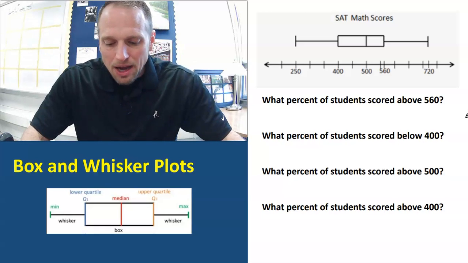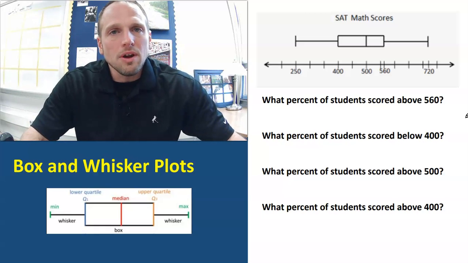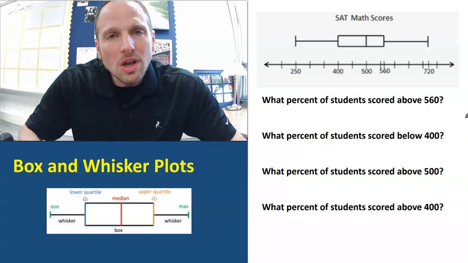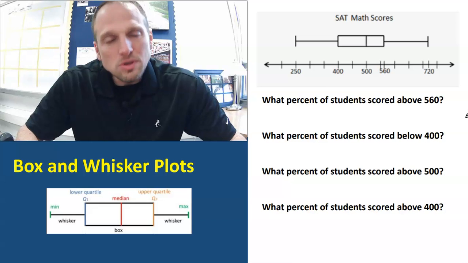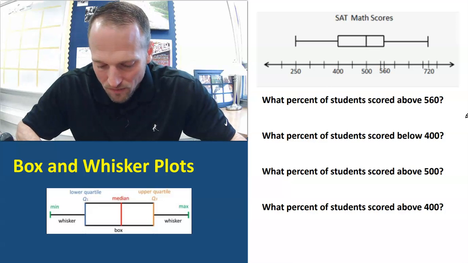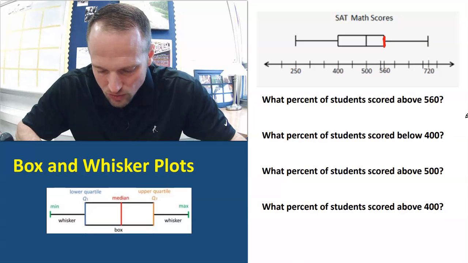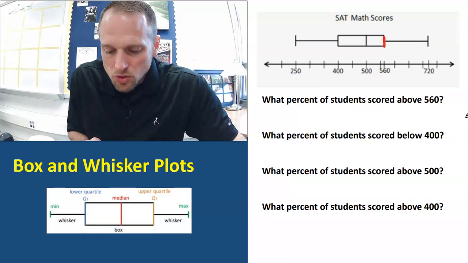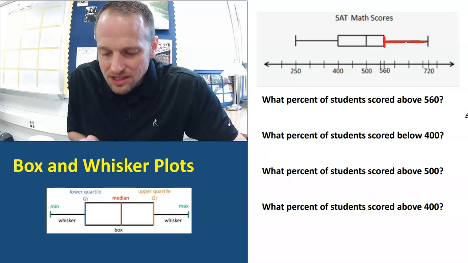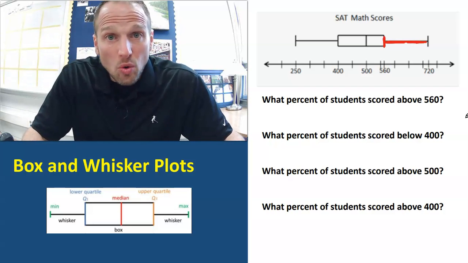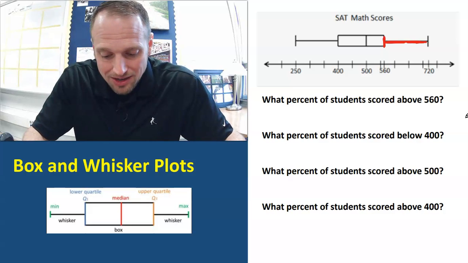So I've got a box and whisker plot that's already drawn up there, and these are SAT math scores. So I've got a question. As you look at these, what percent of students scored above 560? Well, on our box and whisker plot, 560 is right there. So if I want to know what scored above 560, that's right there. That is like the highest it goes.